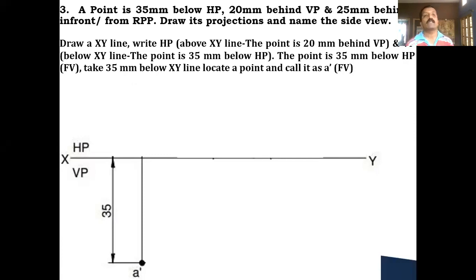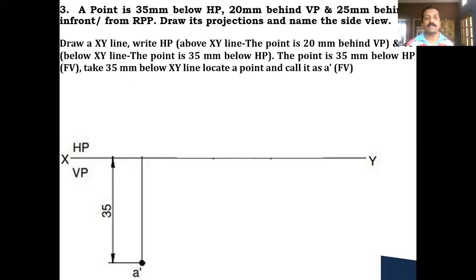While drawing the projection, below HP means below the XY line, above HP means above the XY line. So take 35 millimeter below the XY line and draw a horizontal projector line anywhere. Locate one point on that 35 millimeter line and call it A dash, because it's the front view. So the front view is completed.